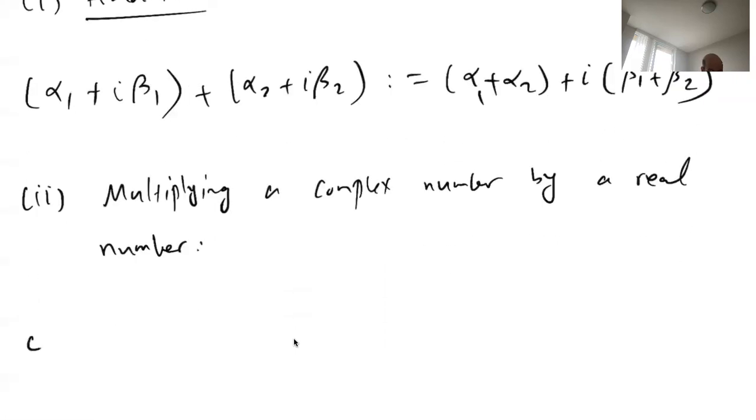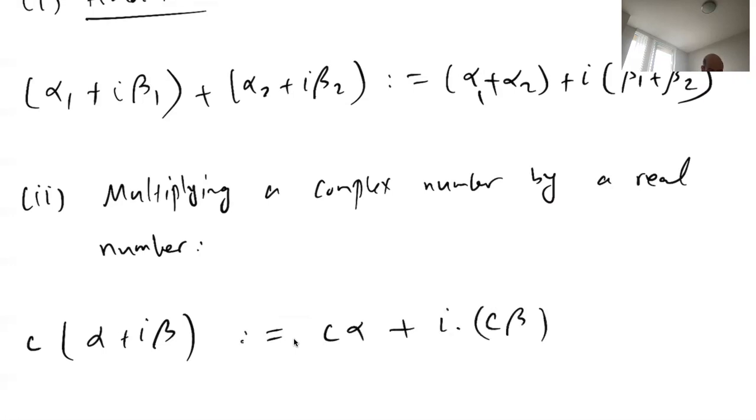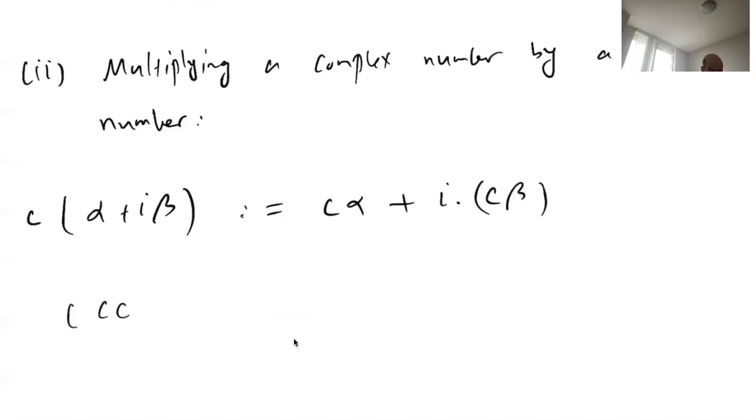Let's say C times alpha plus I beta. This is defined as C alpha plus I C beta. Here C in R is a real constant. So if you want to, for example, multiply a complex number by 2, you just need to multiply the real part by 2 and multiply the imaginary part by 2.